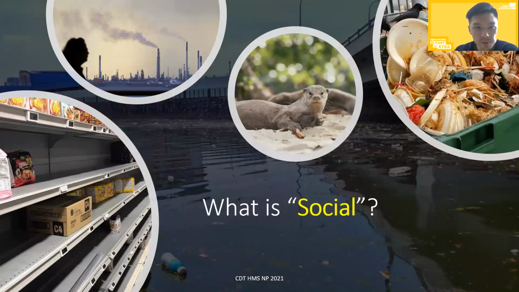It's not always just about people, but social is also about aspects of life that affect us as people, or affect various communities. So you can see some of the issues here on screen that affect us in a social way. Examples that you may be more familiar with: in the past year, we have had issues of food shortage here in Singapore because of the disruption in logistics.